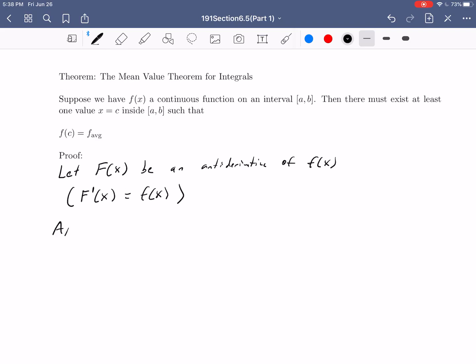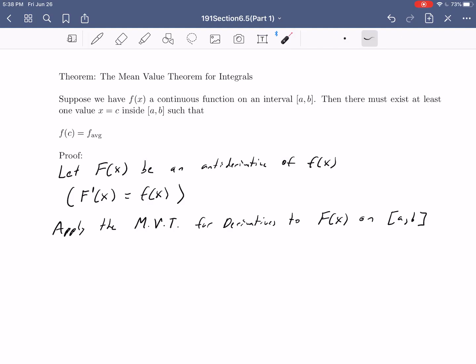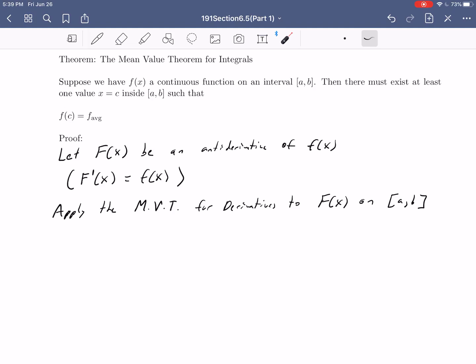Then we're going to apply the mean value theorem for derivatives to capital F of x on the interval a to b. Now, it might have been a while since you remember what the mean value theorem for derivatives says. It says that for a function on an interval, the derivative of the function has to equal the average rate of change at least once on the interval.